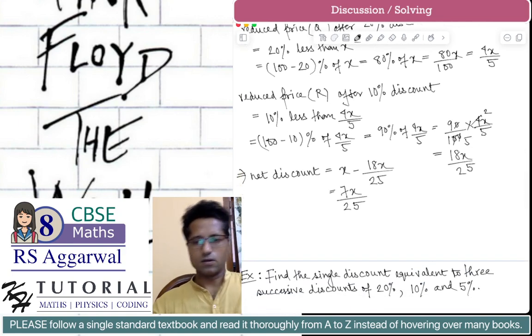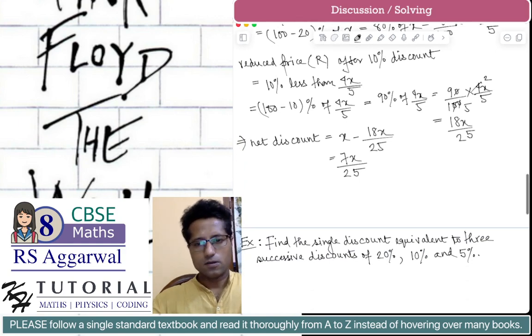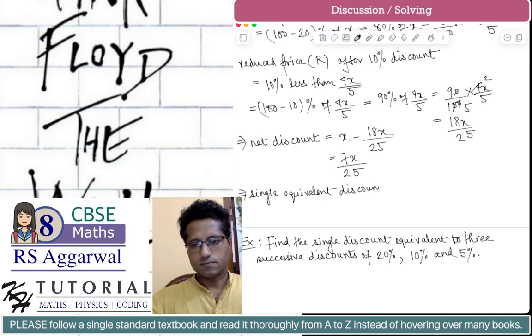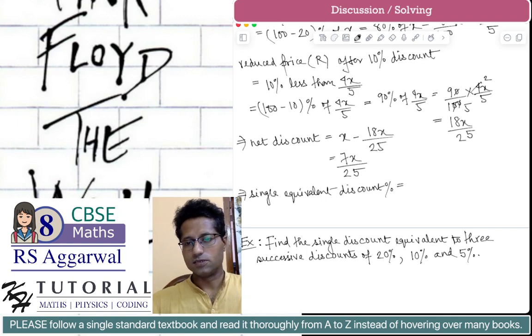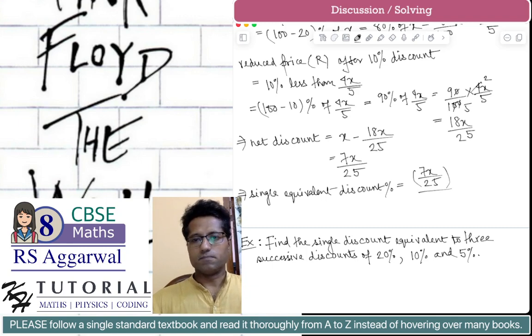So now we have to calculate what percentage this net discount is of the mark price. So this implies single equivalent discount percentage will be equal to the single discount, that is the net discount, 7X by 25, and the discount is always based on the mark price, which we have considered to be X, multiplied by 100.